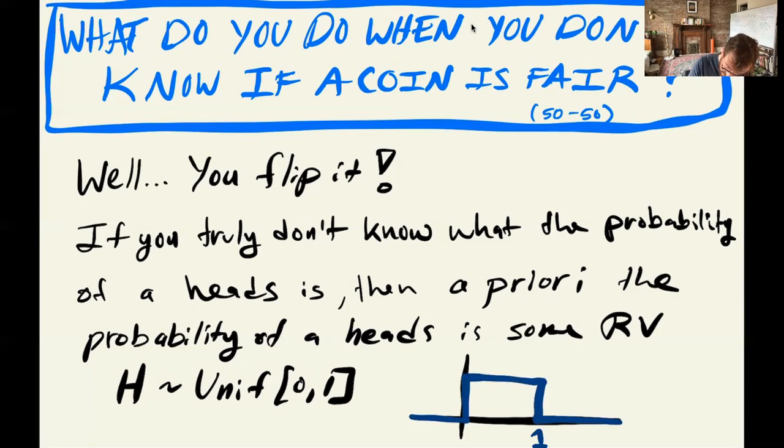And what is on this axis here is the probability of a heads.